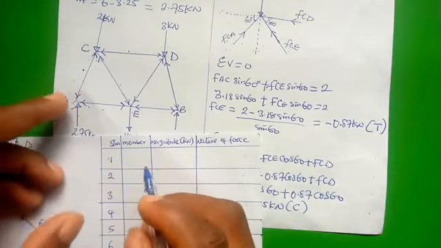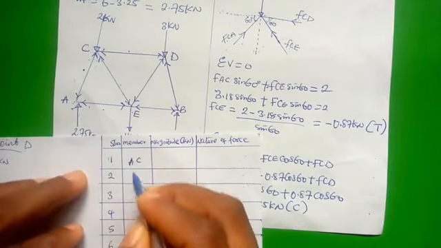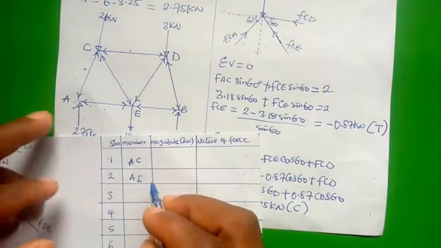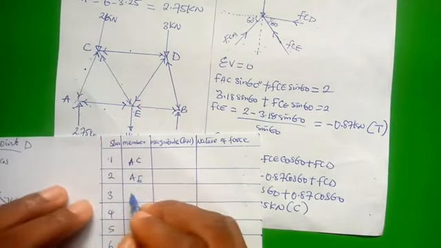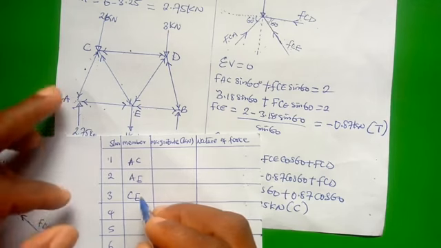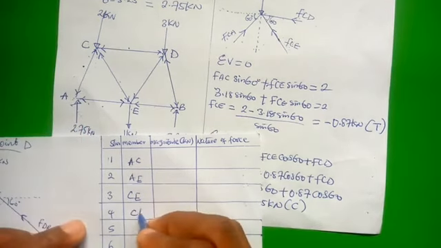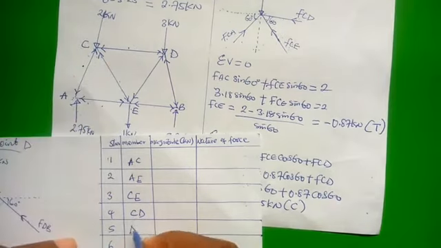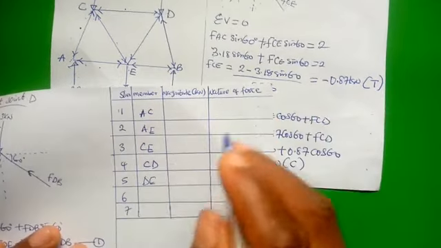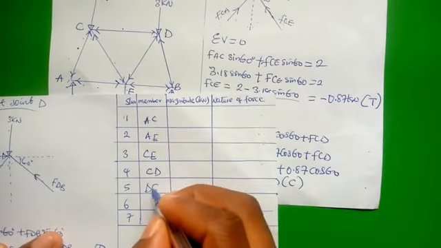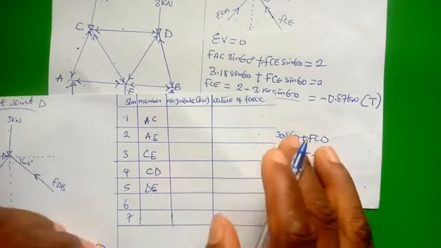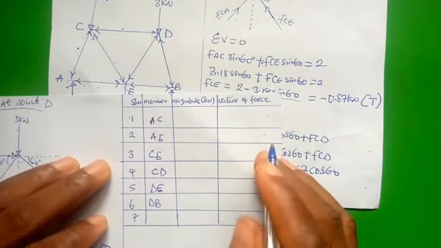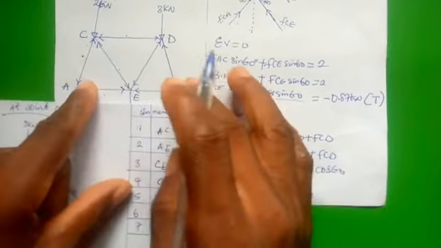We have member AC, we have AE, we have CE, we have CD, we have DE, and we have DB. And finally, we have this member BE.